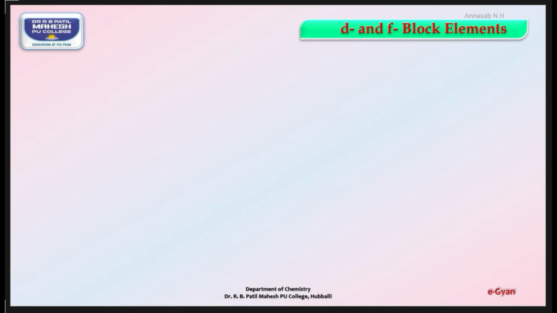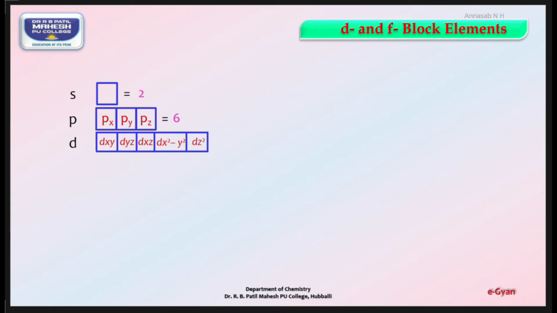Moving further, so we have the capacity of s orbital, which is equal to 2 electrons, p, which has px, py and pz orbitals, which has a capacity of maximum 6 electron accommodation, d orbitals, dxy, dyz, dzx, dx square minus y square and dz square.